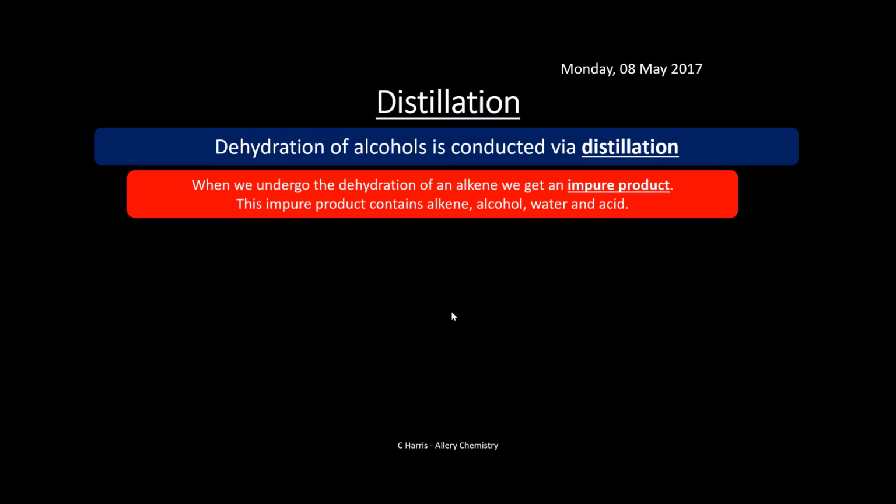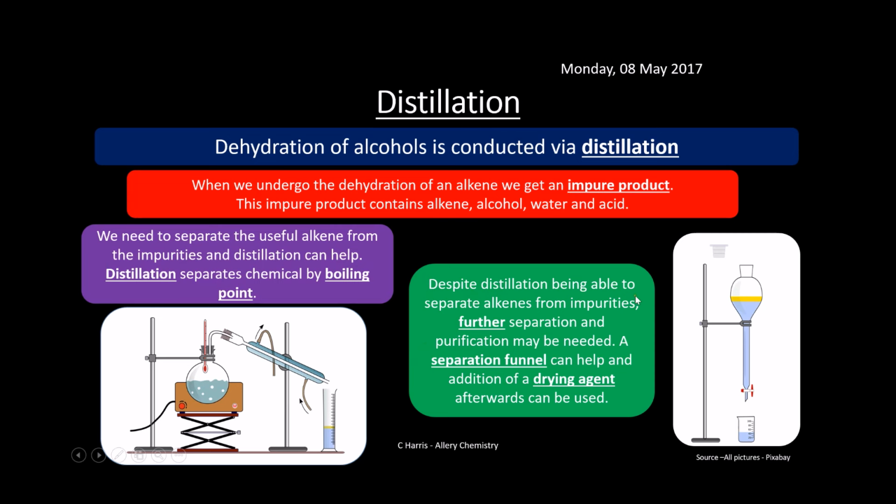So distillation, obviously we could separate it out, but despite us doing that, we still need some further separation because we might still have some impurities remaining in here. So what we need to do is use a separating funnel, and this can help separate your products.